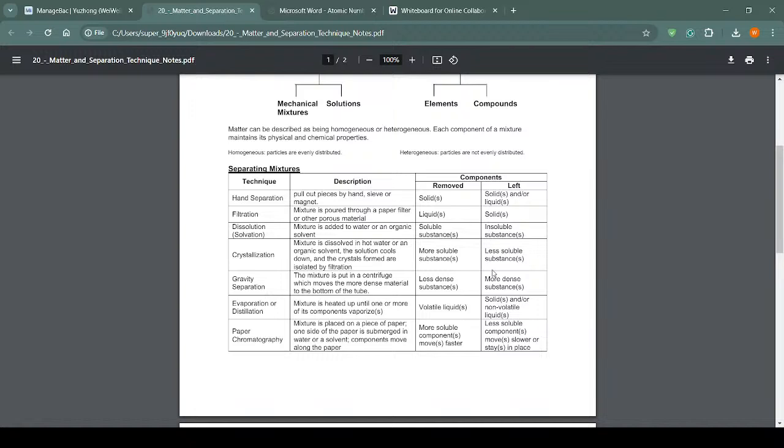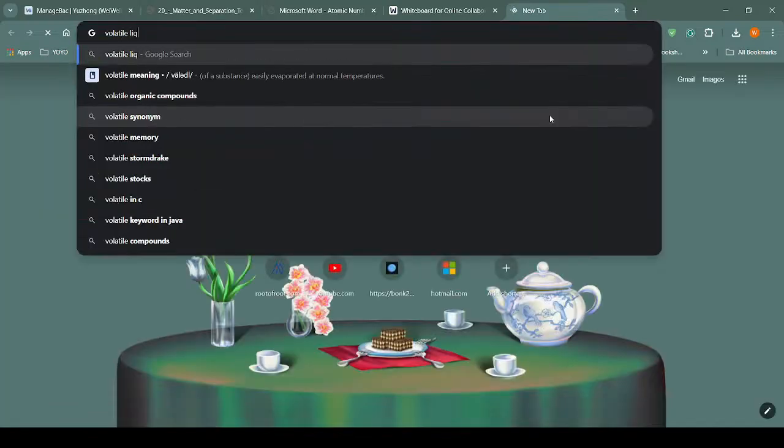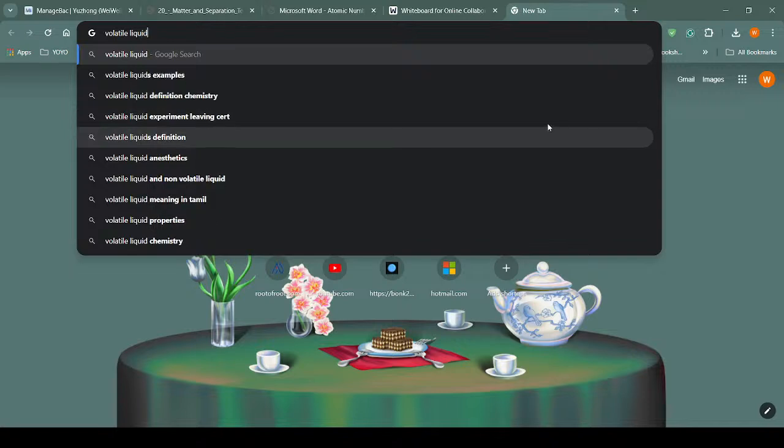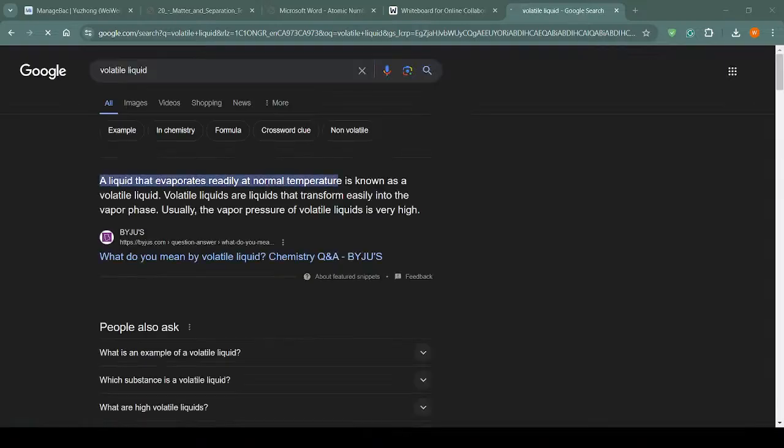Okay. Wait, what's a volatile liquid? Evaporates readily at normal temperatures.